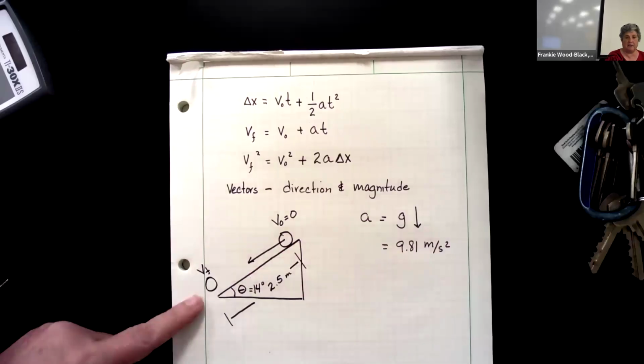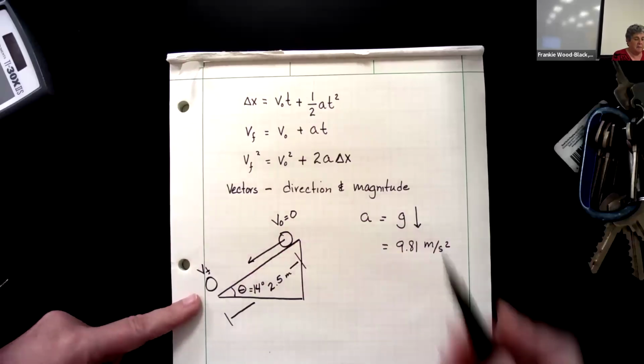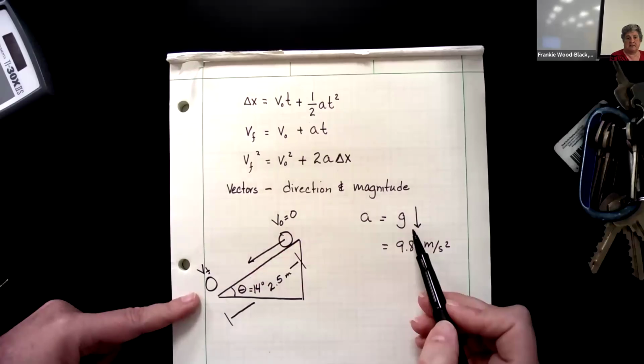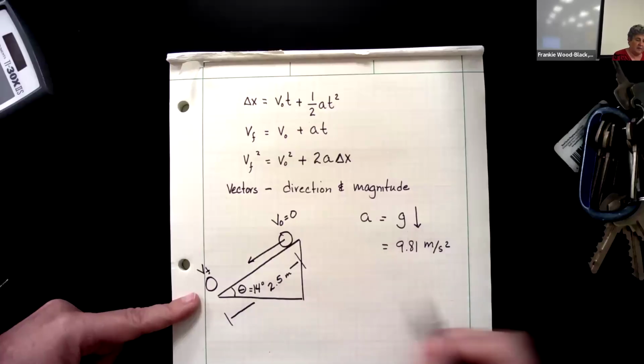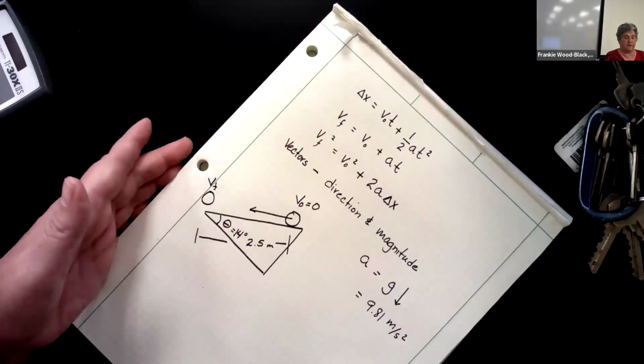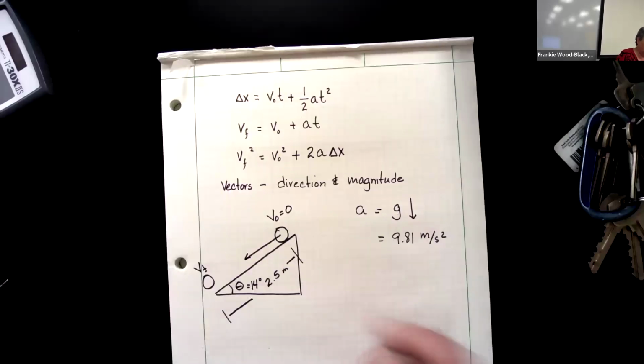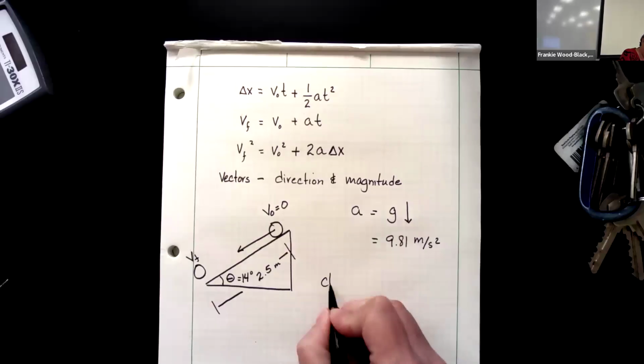Well, this is a 1-dimensional problem, but my issue is that the acceleration due to gravity is not really along the incline. So I've got to change my frame of reference.